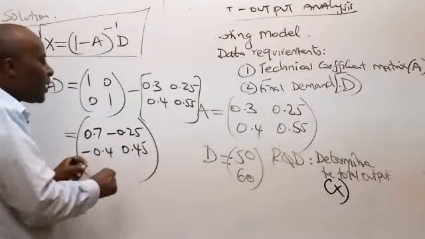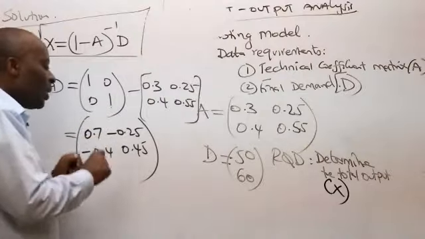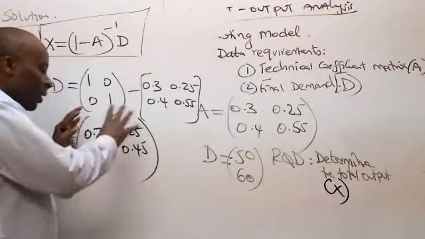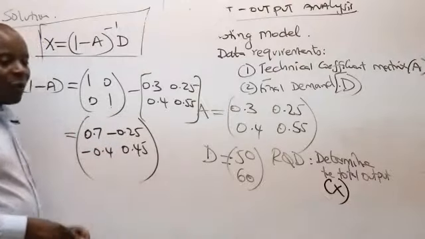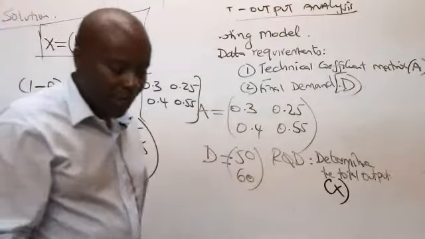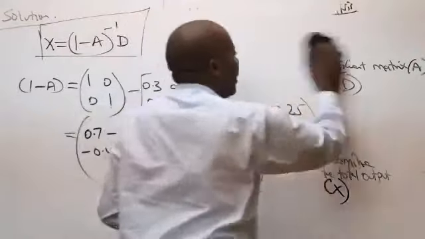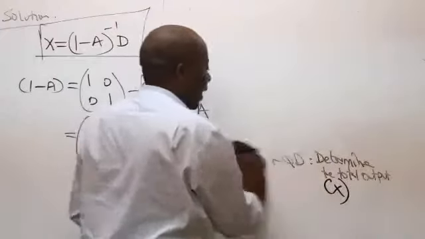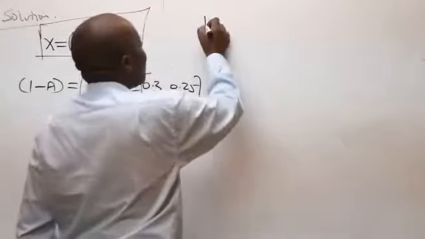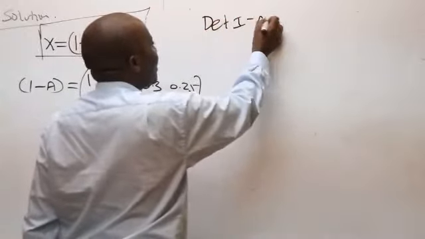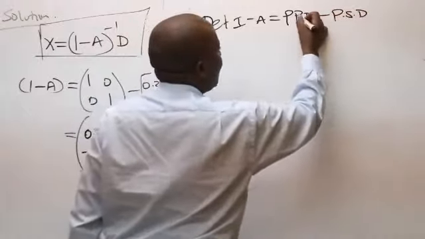So if that is the case, ladies and gentlemen, I would want you to do me a favor. In the inversion spirit, I would want you to give me the determinant of I minus A. Remember, it is PPD minus PSD.